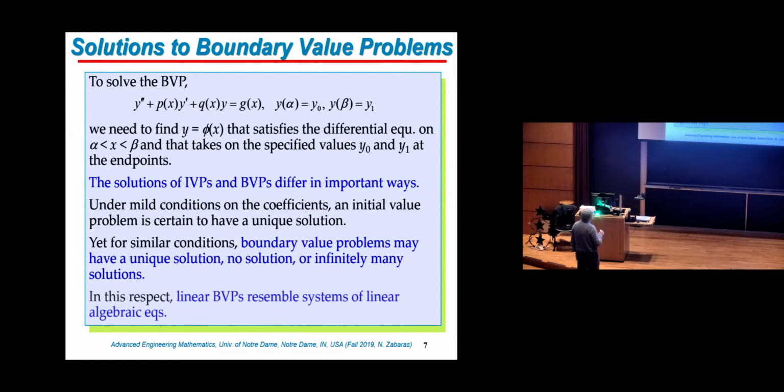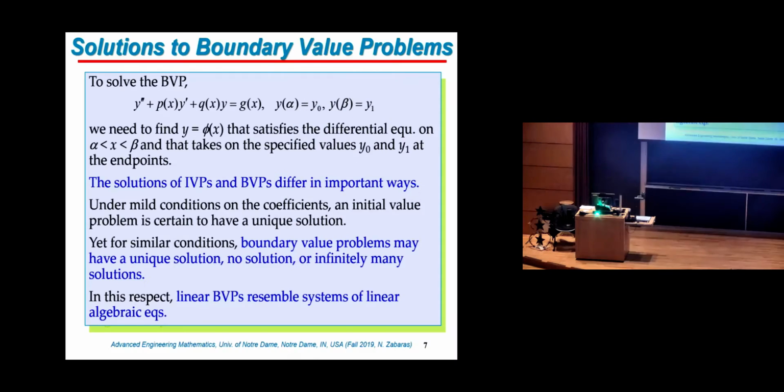Now, before we motivate and see some examples, let me just say that for initial value problems, if we have some simple assumptions on P and Q, for any initial conditions, we can guarantee the existence and uniqueness of solutions. For boundary value problems, things are getting murky.